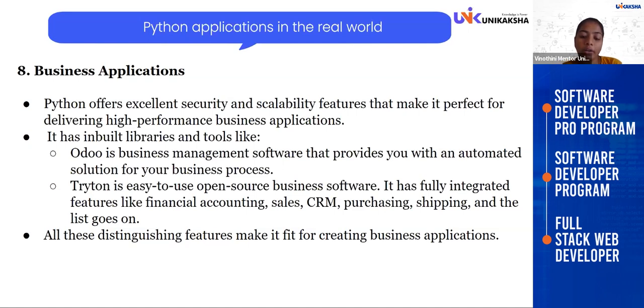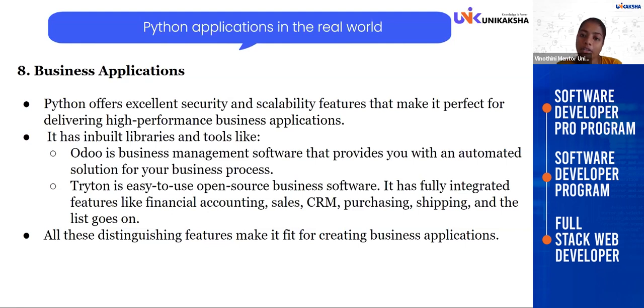For example, CRM is one of the important ones. What is that? Customer relationship management. For those from an IT background or working with companies or MNCs, you might know that when you enter your company, you log in and log out, and your attendance and payroll, everything is there, right?